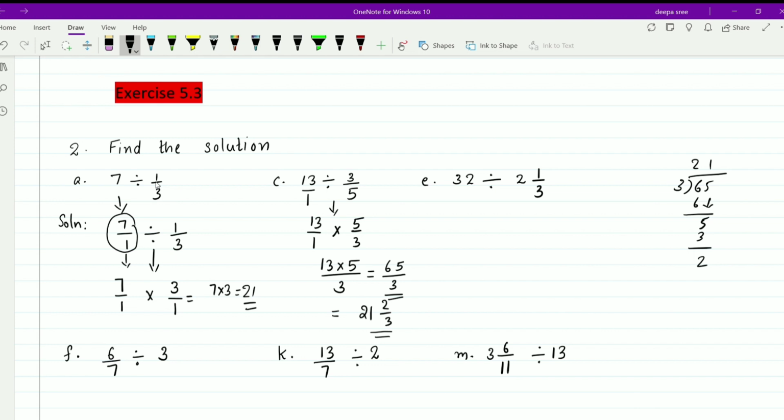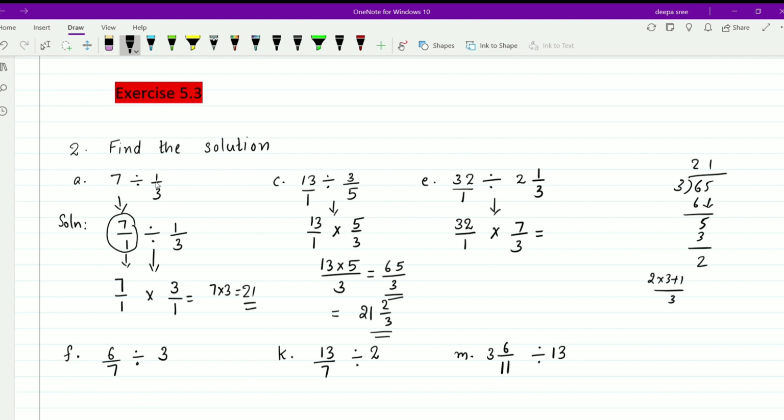Now 32 divided by 2 1 by 3. Write that whole number as a temporary fraction, 32 by 1. Now convert the statement into a multiplication statement: write 32 by 1 as it is, and convert the division sign to multiplication sign. 2 1 by 3 we convert into an improper fraction, that is 2 into 3 plus 1 divided by 3, 6 plus 1 is 7, so 7 by 3.